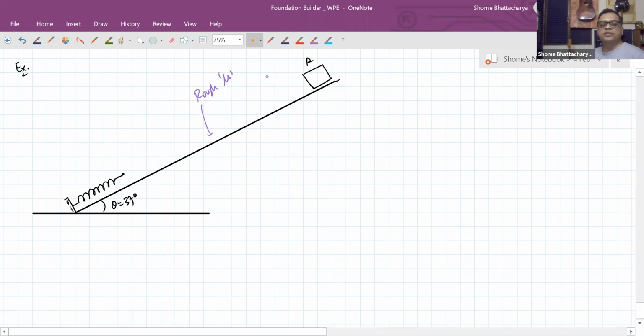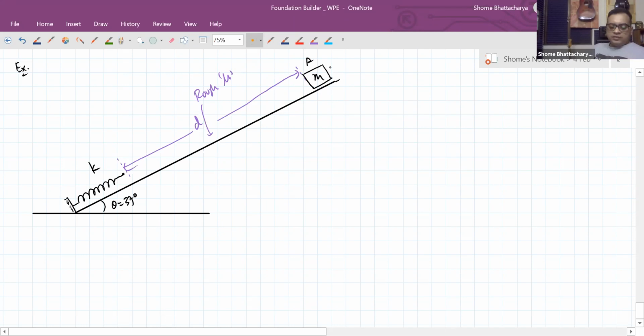It has a coefficient of friction mu. The spring has a spring constant K. And the distance of the block from the tip of the spring, this distance is given to us as small d. Okay, the mass of the block is m.